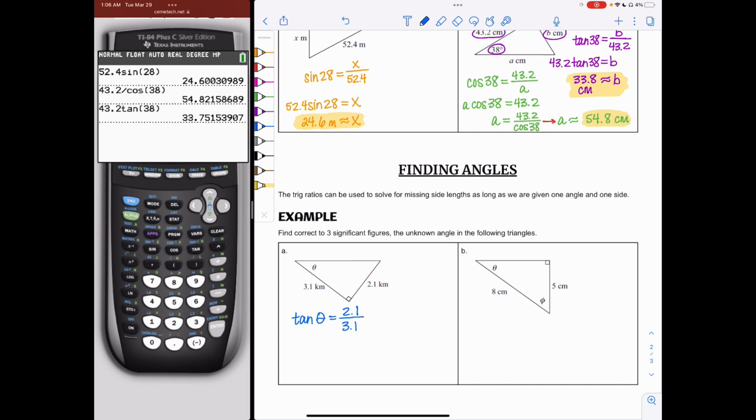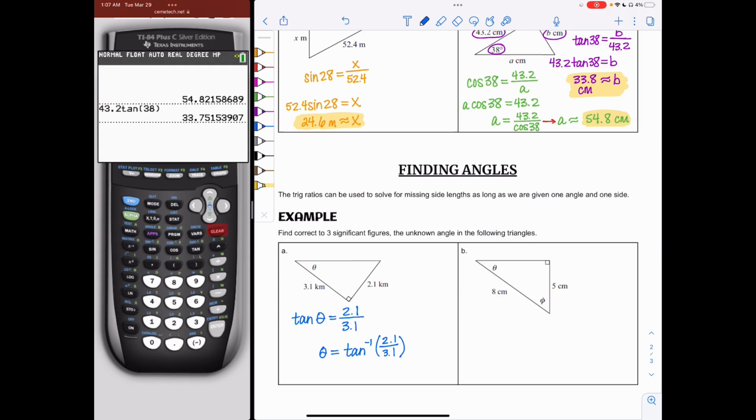The way we get rid of tangent is to take the tangent inverse. If I take the tangent inverse of the left-hand side, I would just get theta. And then I need to take the tangent inverse of the right-hand side, so that's the tangent inverse of 2.1 divided by 3.1.